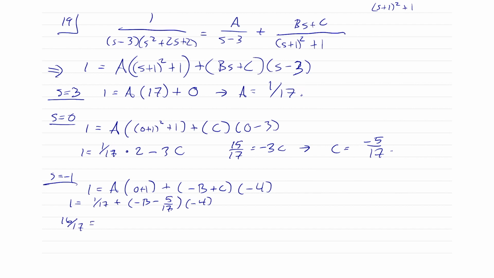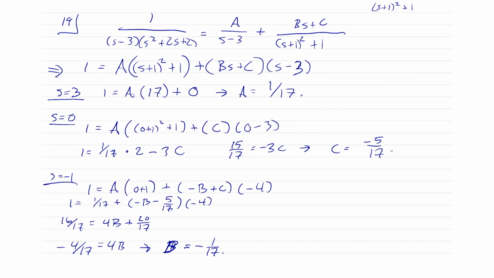It is equal to 4B plus 20 over 17. And now if I subtract 20 over 17 over, I get minus 4/17 is equal to 4B. And so then we get B is equal to minus 1/17.